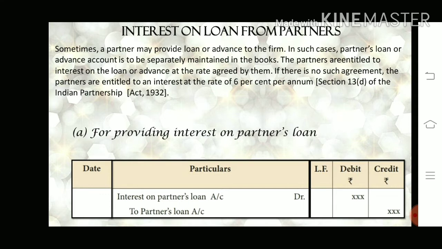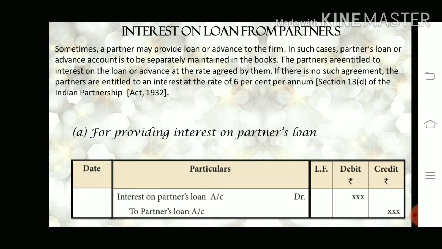Then we can see the next topic: interest on loan from partners. Sometimes a partner may provide loan or advance to the firm. Advance means borrowing for the firm, which we call advance.